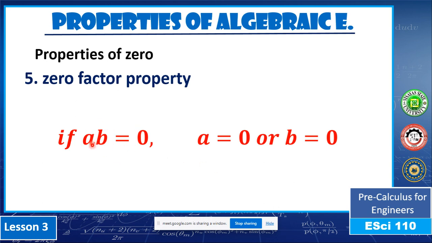So if a times b is equal to 0, one of them should be 0. A may be 0 or b may be 0 or maybe both, para ma-accomplish niya na a times b is equal to 0. So this is called the zero factor property. So example ani katong quadratic equation, ang pag-find sa root.